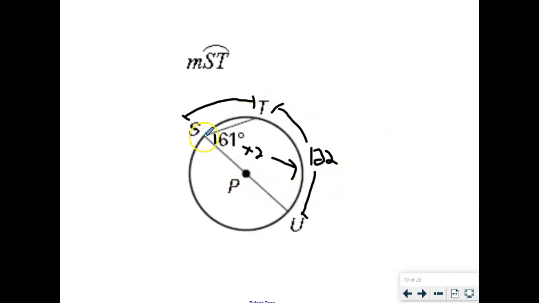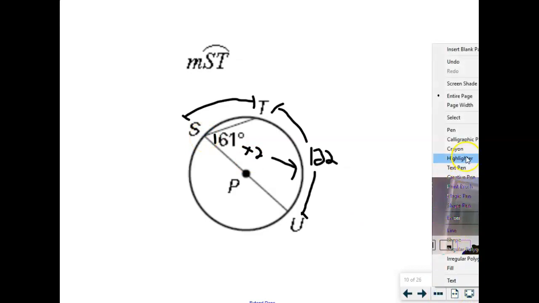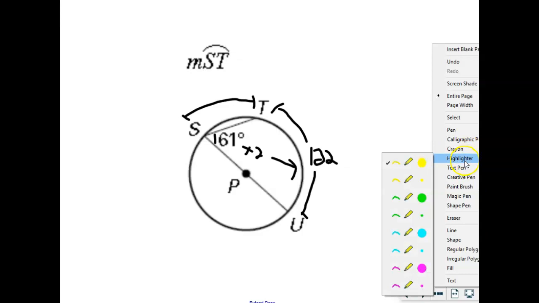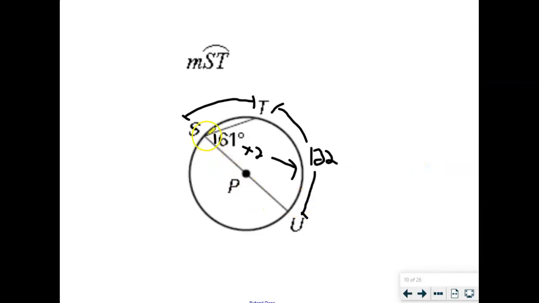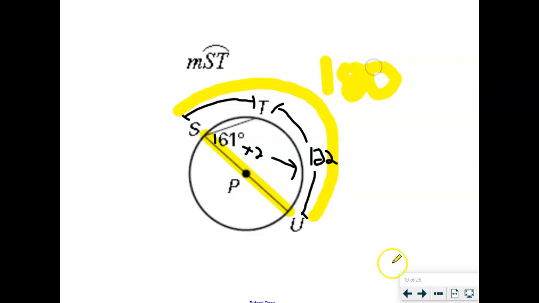Here's the thing that students tend to leave out or miss. You got to check and see if you got some kind of diameter given, and there it is. We have a diameter. So since I have a diameter, I know that from here to here is 180 degrees. Sorry, that was bad.